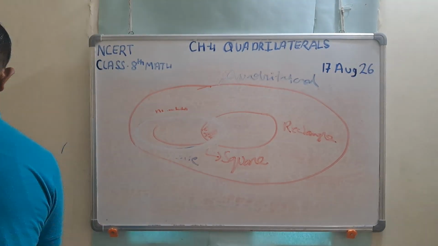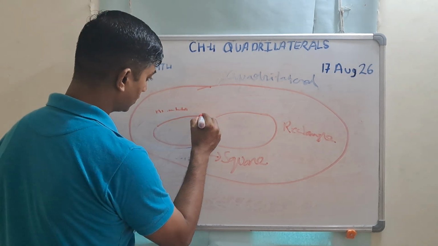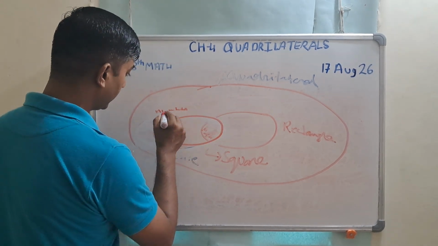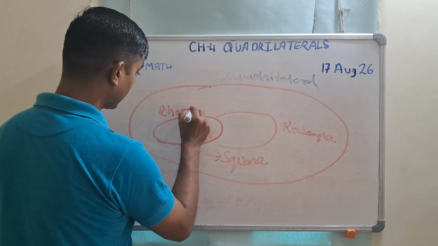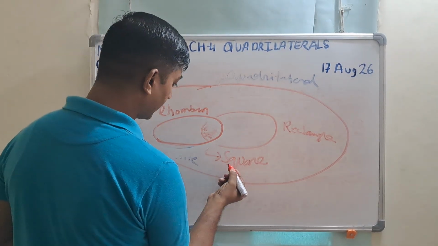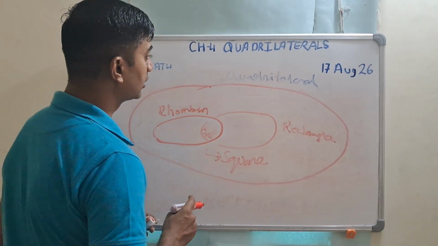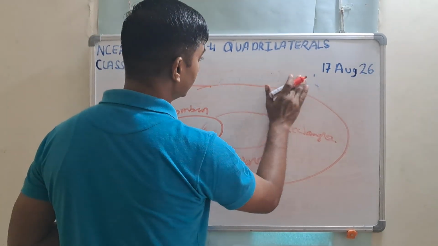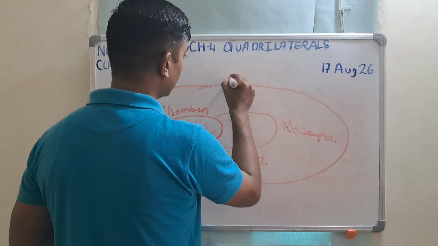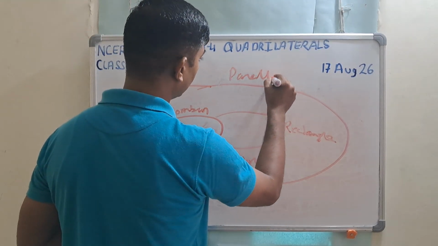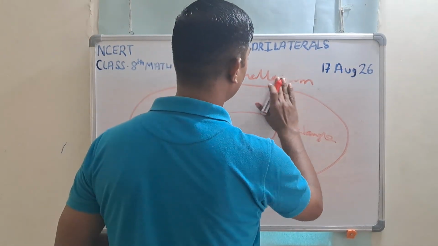Understood? So this is figure of our rhombus. This is rectangle, this is square, and I will draw the kite now separately. And this is actually quadrilateral, of course, but this is the parallelogram.